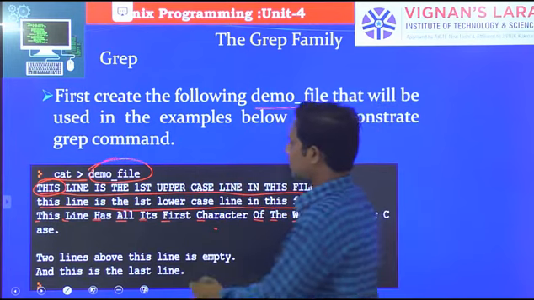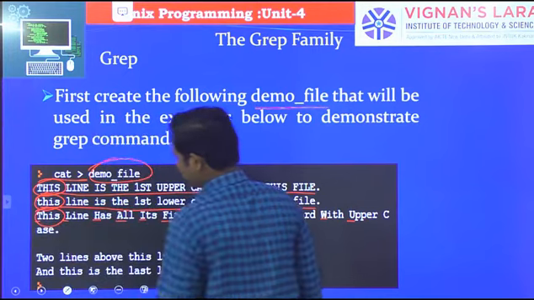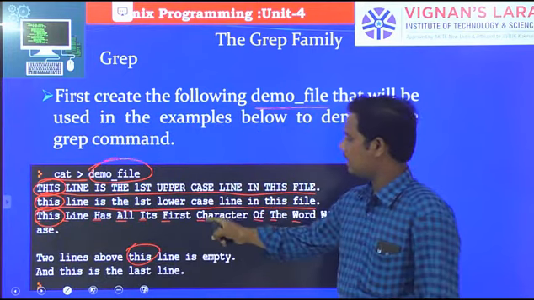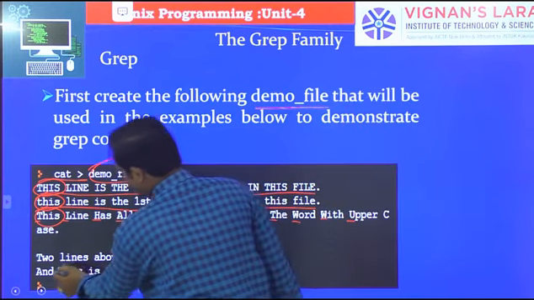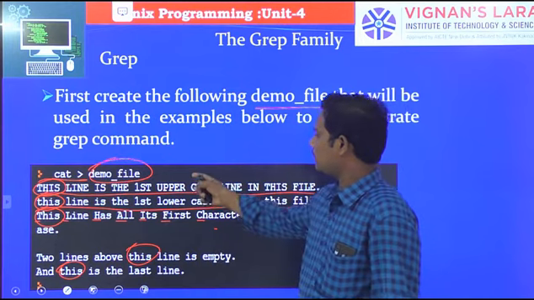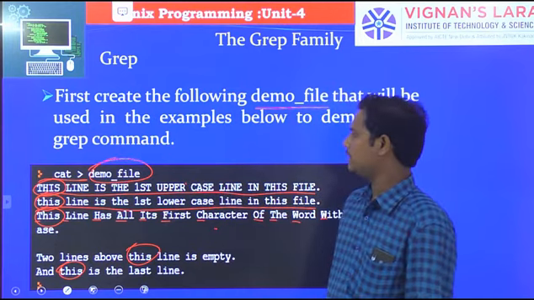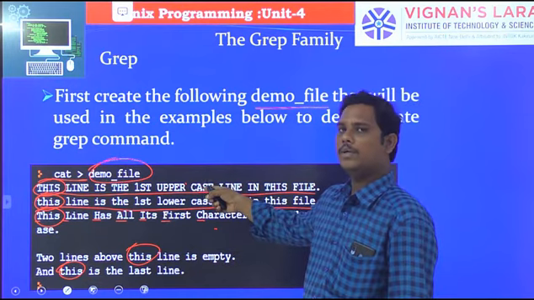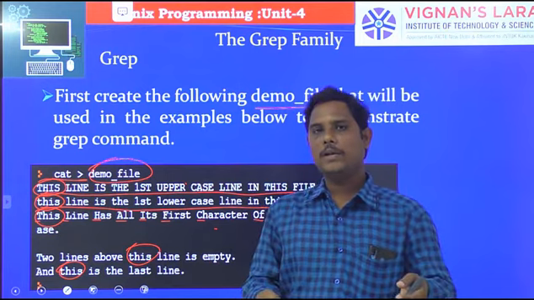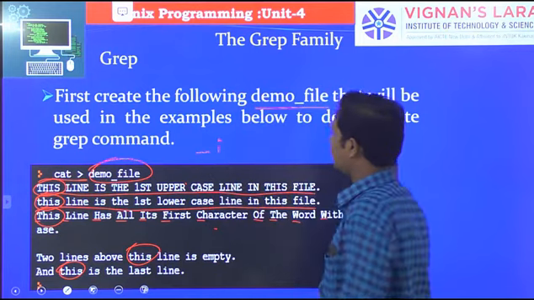Only the lowercase lines are displayed. These three lines are displayed. This one is also displayed, so these four lines are displayed. What about this one and this one, not displayed? Why? Because of the case difference. If you use the ignore case option, they are also displayed. You can use the option i.